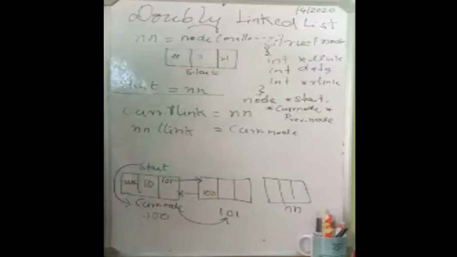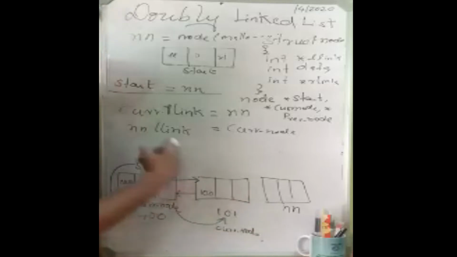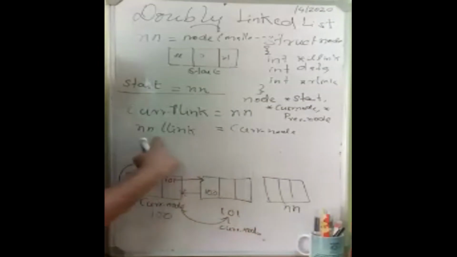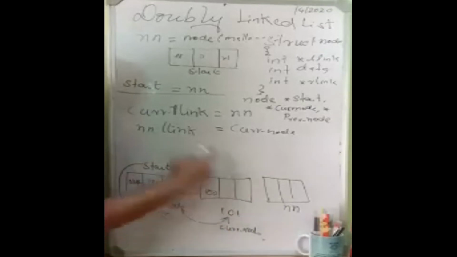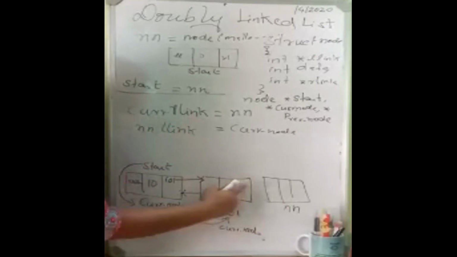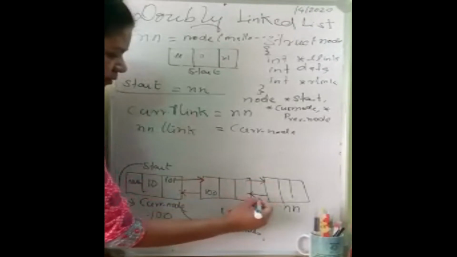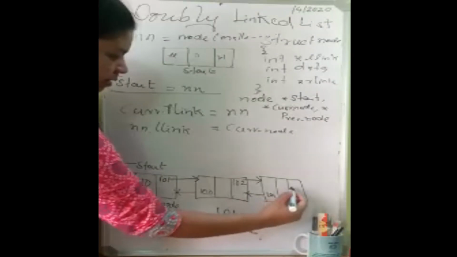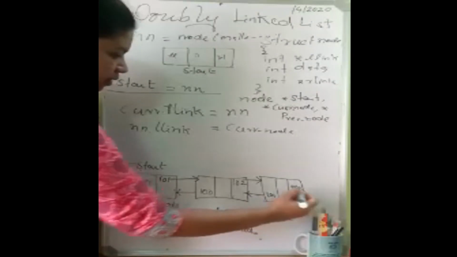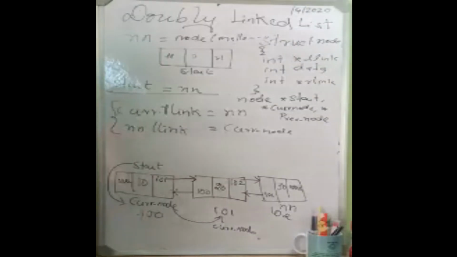As we have done for the linked list, in the same way, in the new node left link we have to store the address of current node, and in the current node right link we have to store the address of the new node. Only then will the link be created in between. So the address is 102 and 101 will be here. In case this is the last node, 20 here will have only these two lines, right?